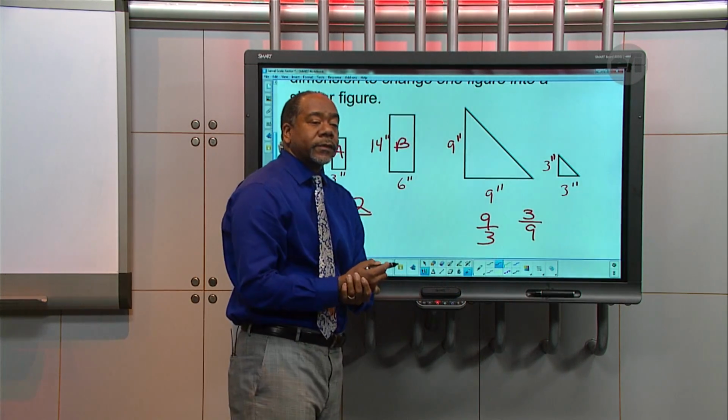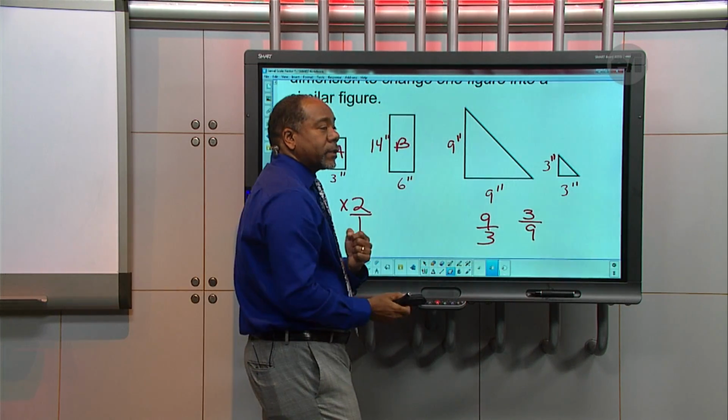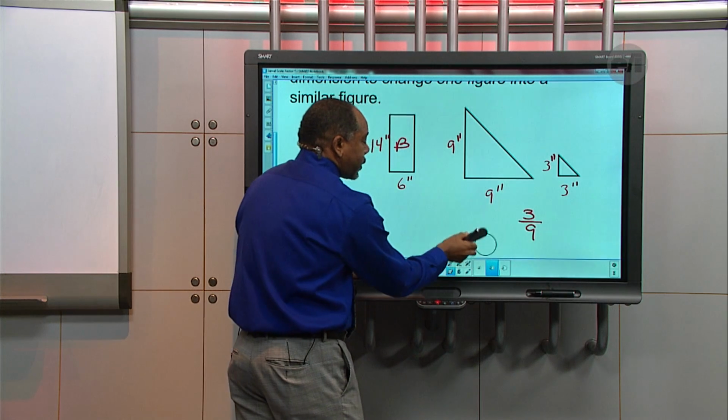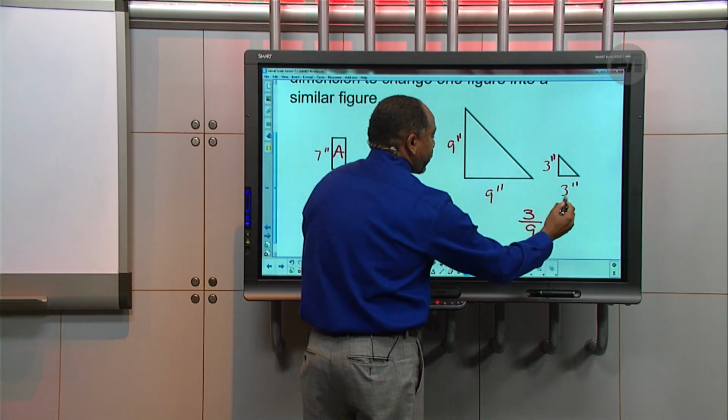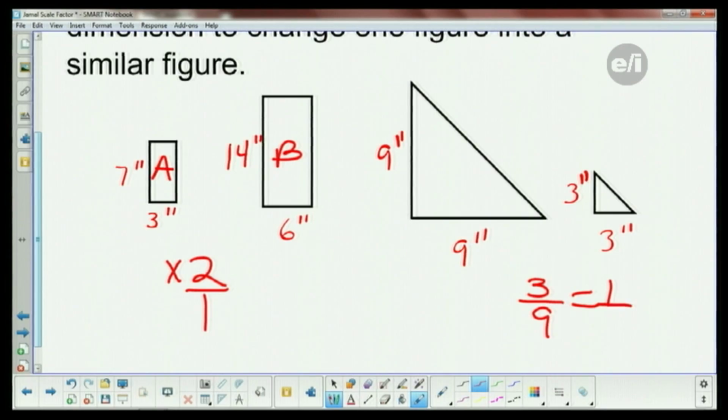I'm writing the ratio of those sides. But because I know it's going to go smaller, I'm going to go 3 over 9. The scale factor here is 1/3. So if I'm going larger, my scale factor is going to be greater than 1. If I'm going smaller, my scale factor is going to be less than 1.